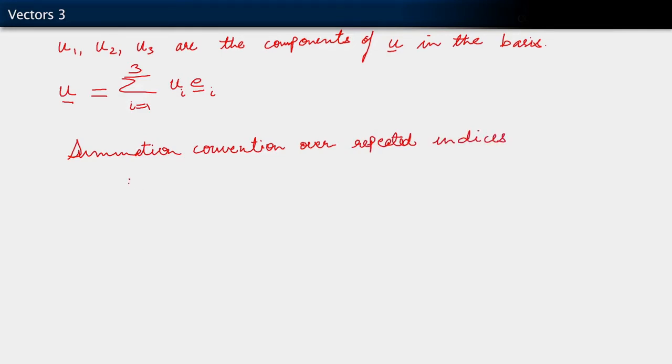What this says is that now I can write u as simply u_i e_i, and for the very first time, and maybe even the very last time in the series of lectures, I'm going to put a little note here which says that sum is implied over i equals 1, 2, 3. What that means is that we read this not just as u_i e_i, but summing over i, so that is u1 e1 plus u2 e2 plus u3 e3.